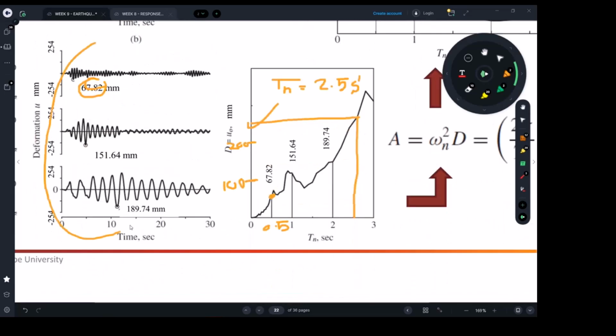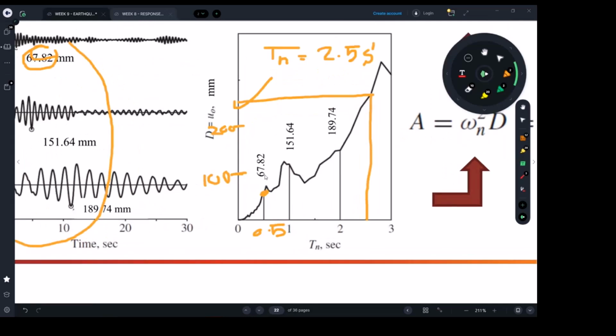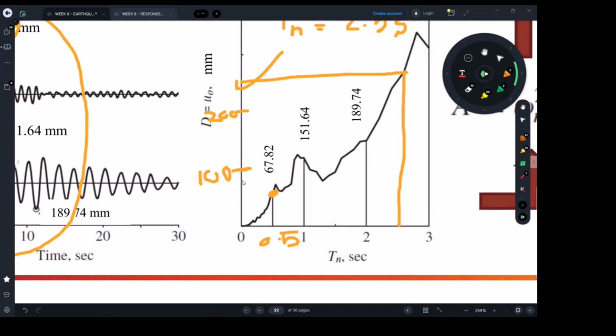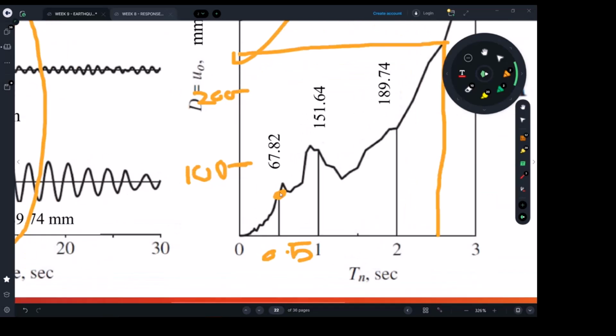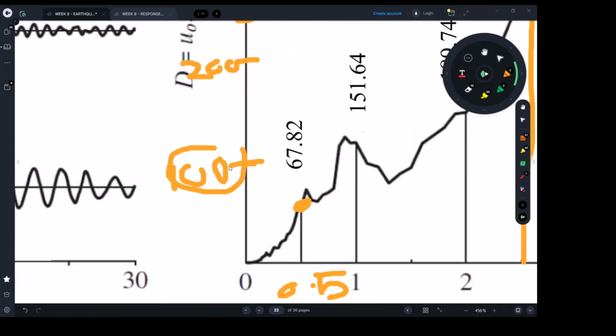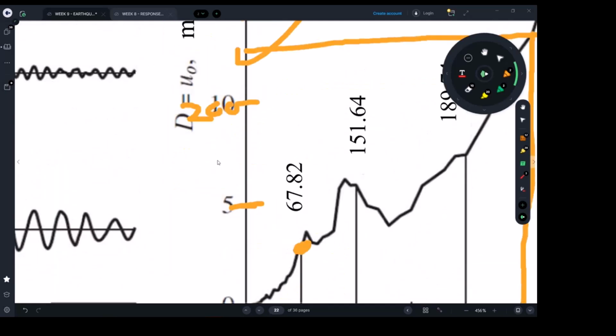And these calculations helped us to plot this curve. But what I was saying, based on such a scale, this is roughly 100 millimeters, isn't it? This is roughly 100 millimeters.